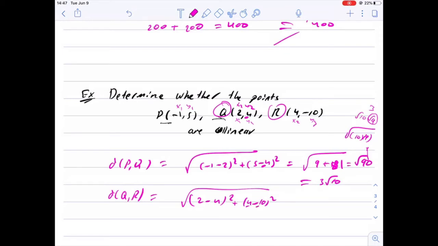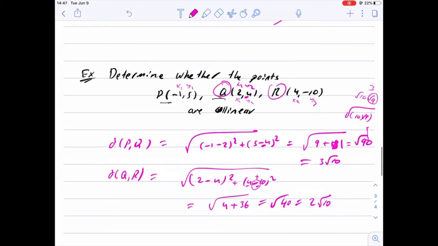Negative minus negative is positive, so we have square root of 4 plus -4 plus 10 is 6 squared, 36. This is square root 40, and square root 40 is 2 square root 10, because 40 is 4 times 10. This is square root 4 times square root 10. Square root 4 is 2.